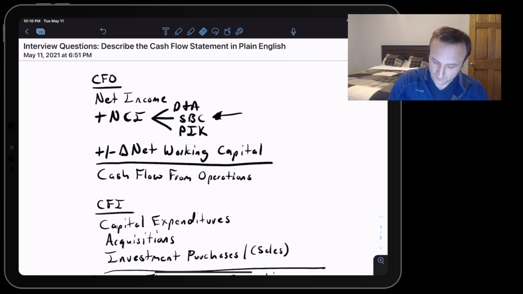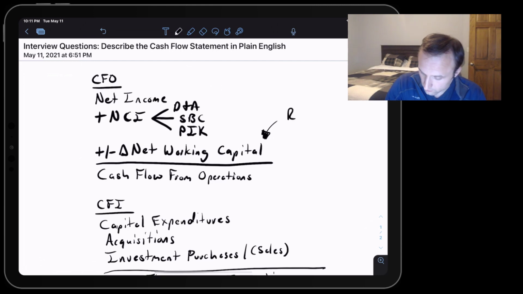Then we go a little further down and we look at our changes in working capital. With changes in working capital, what we're seeing here is again a different form of disconnects between cash and accrual accounting. An example would be accounts receivable. Let's say we have $100 of revenue that we had recorded, but the person who bought the good said, I'll pay you in, let's say, 30 days, but the sale is substantially complete.